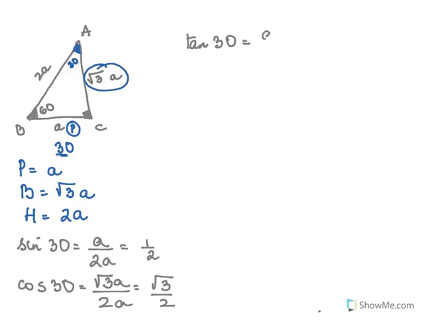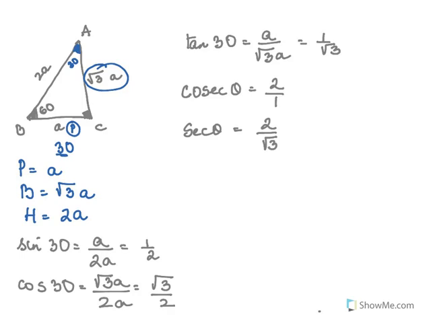So perpendicular here is a, base is root 3a. So tan 30 is 1 over root 3. Suppose now if you know sine, you know cosec. So cosec theta will be 2 over 1, reciprocal of sine. Sec theta is reciprocal of cos. So 2 over root 3. And tan reciprocal will be cot 30, and cot 30 will be root 3 by 1.